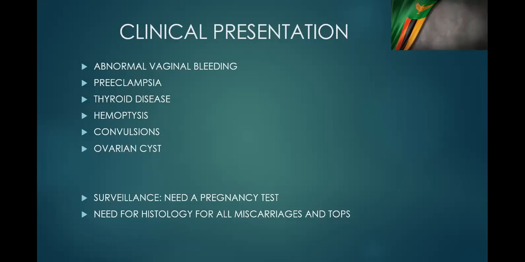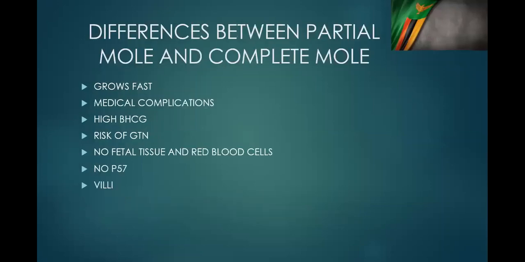In our setup, it's very difficult to take all the tissues for histopathology, but it's advised that if you have any miscarriage, any termination of pregnancy, you need to take those tissues for histopathology if you didn't see any fetal tissue there, or if you didn't have a scan that told you that there's a fetus there, then you need to do a pregnancy test, and you also need to take that tissue for histopathology. So that is about the clinical presentation, and that's about surveillance.